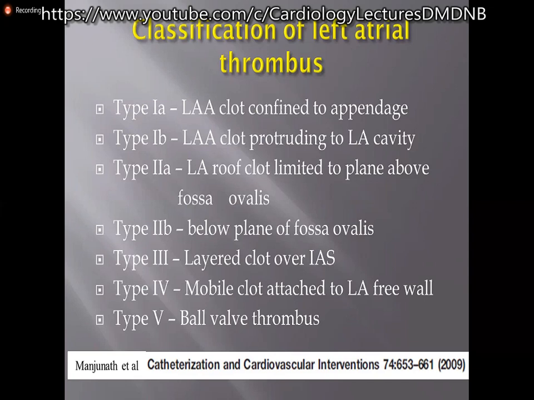If the thrombus is confined to LA appendage, or if the thrombus is confined to a LA roof above the plane of fossa ovalis, still we can do a balloon mitral valvotomy carefully, because either by over the wire technique where you don't maneuver much in the left atrium, you can always come out with a good valvotomy result without risk of embolization.